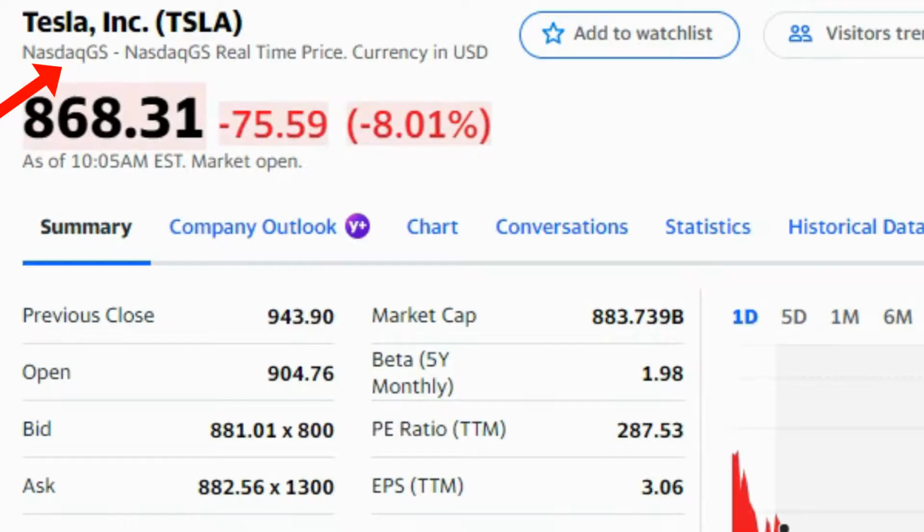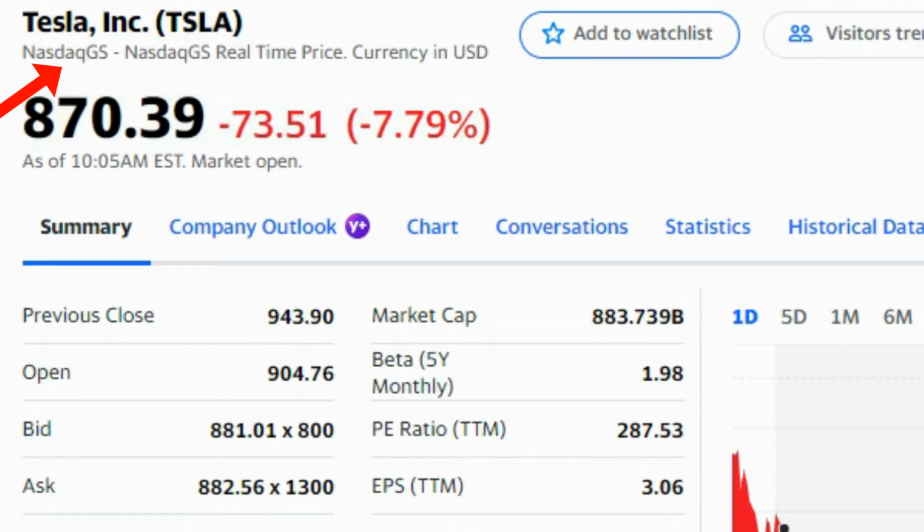Now, you see here NASDAQ. That means that Tesla is trading on the NASDAQ. What is the NASDAQ? The NASDAQ is actually the second largest stock exchange in America, ranked by the market capitalization of the shares traded. They're second largest, right behind the good old New York Stock Exchange.